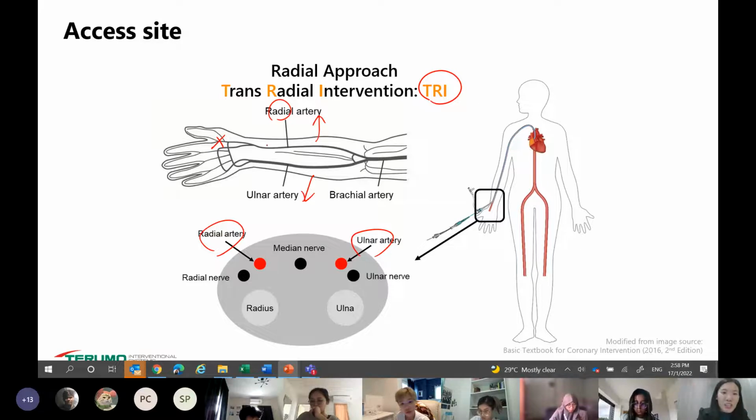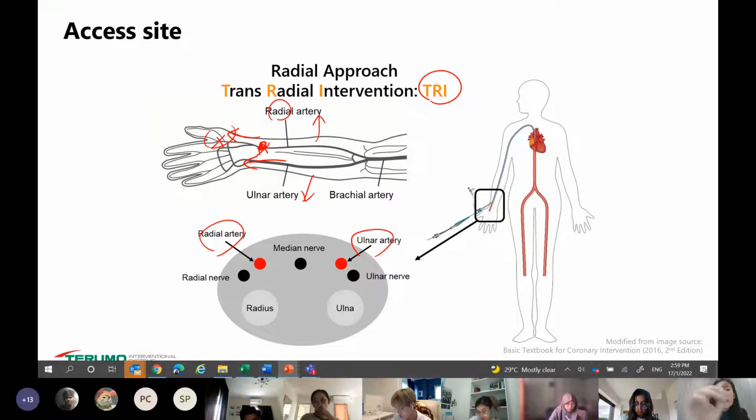So not just at the radial artery, but they go more distally because they think that the more distal you go, the less damage they cause to your body. If something happens to the radial artery, it's still good because you still have your ulnar artery that can provide blood to your hand, right? But it's not so good because it reduces the amount of blood that can go to your hand.